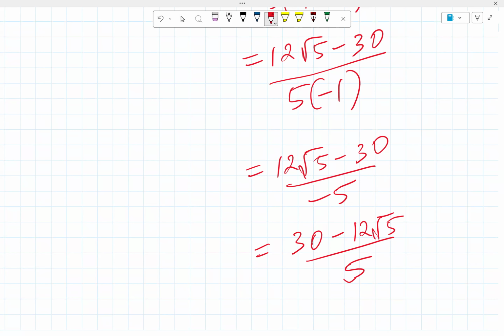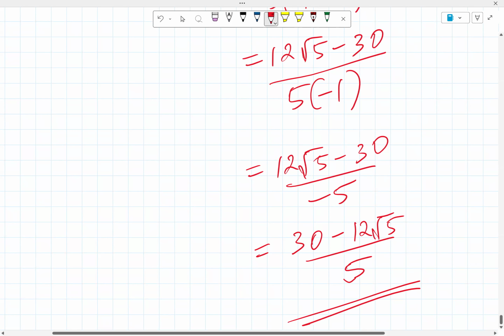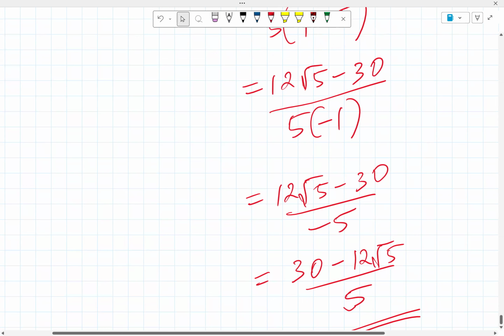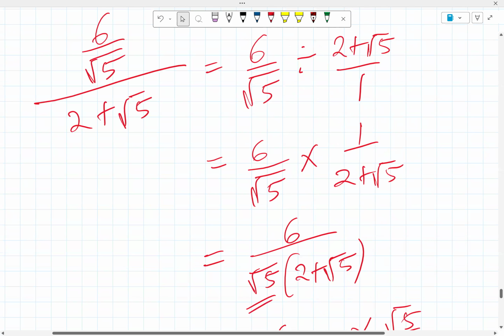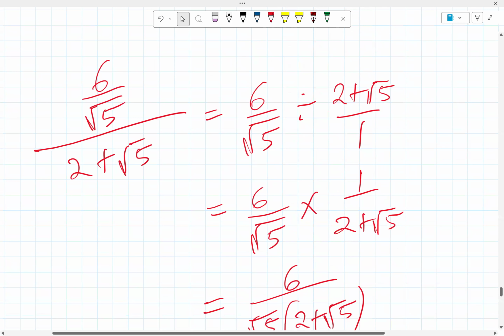But then thankfully we have a way to check if what we have done is right, okay? So we then have what we started with. Oh, this is a big one. So we have 6 over root 5, all over 2 plus root 5.